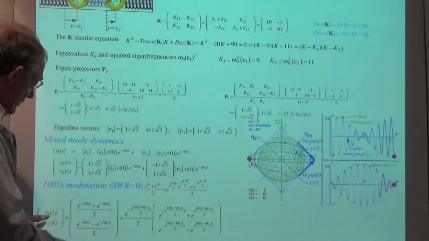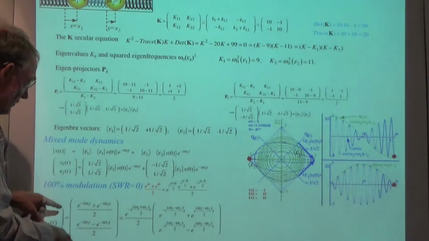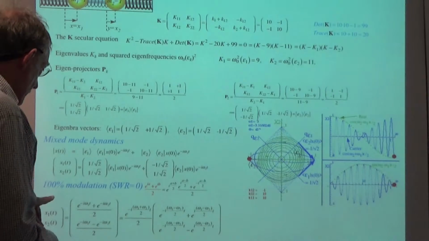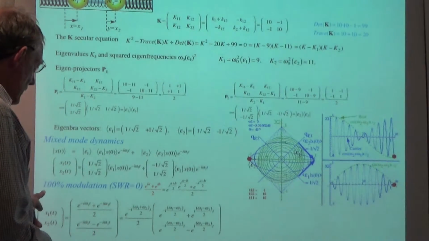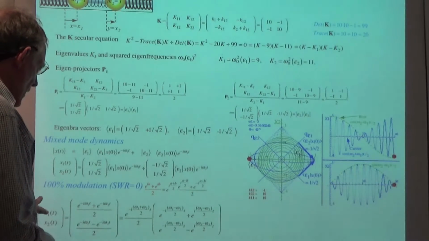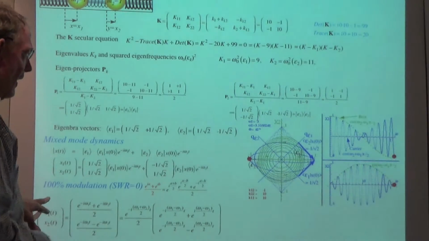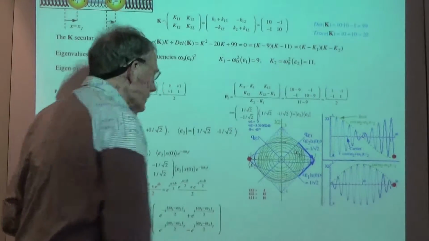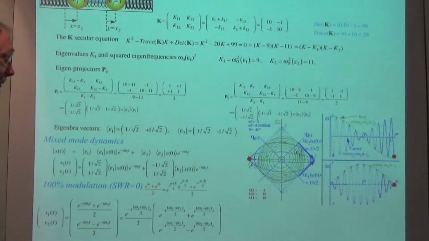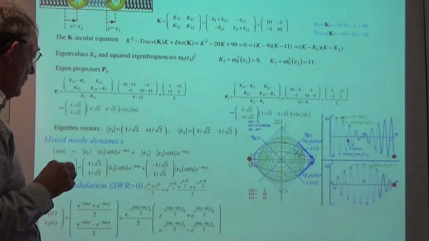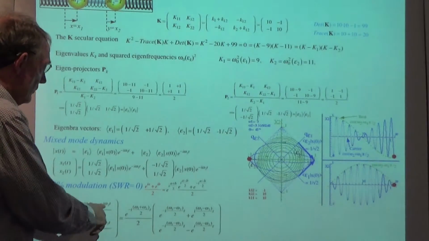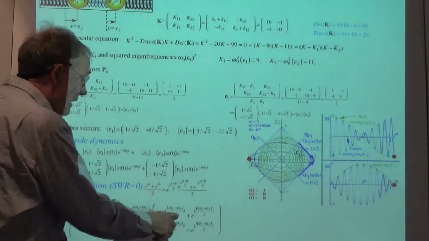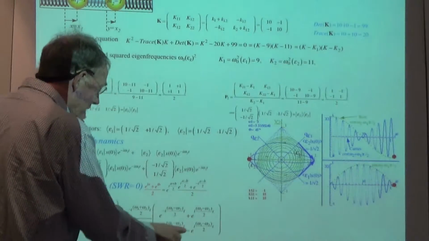So let's collapse these, put them together, and if I'm not mistaken, when I do the sums of these things, I'm going to get the upstairs to be a cosine and the downstairs to be at least proportional to a sine. So I'm going to be seeing e to the minus i omega t here plus, and then I'm going to see a difference down here.